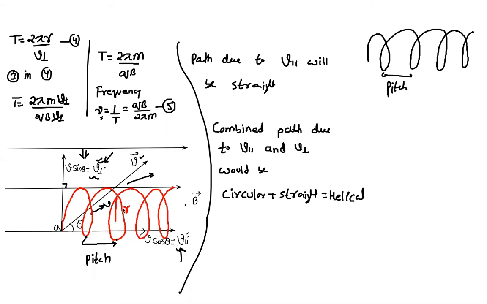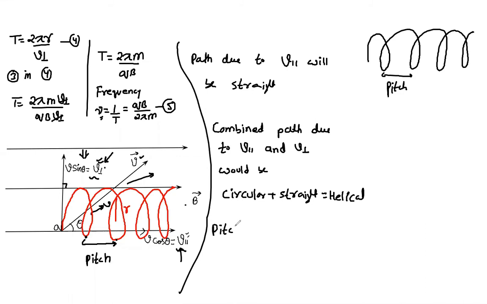For the helical path, we already know the radius, m v perpendicular by qB. Next, we need to calculate this pitch, this horizontal distance. Now, Johanna, can you guess which component of velocity is responsible for pitch? V perpendicular or V parallel? V parallel. And pitch is distance.